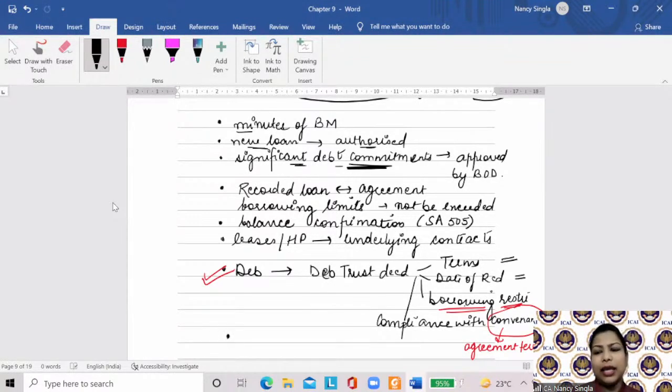And again, tell me, how will I be in a position to know that all borrowings have been properly accounted for in the books of accounts? Everything has been shown in the balance sheet. What can I obtain from the management? Quickly, I need the answer along with the SA number.